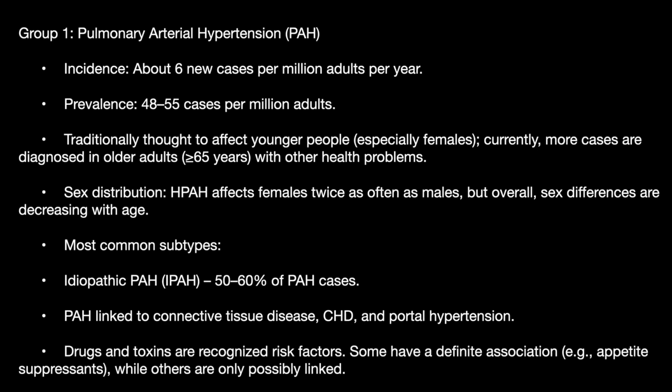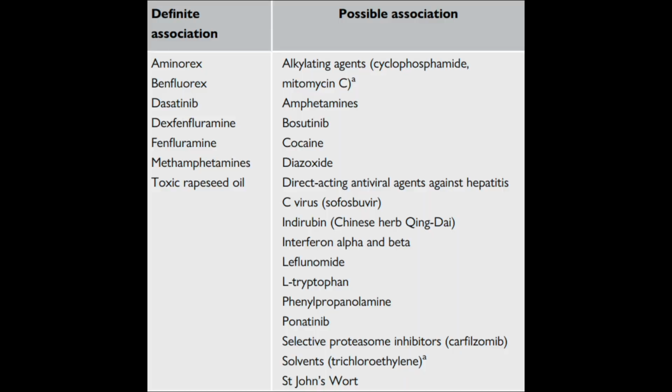Drugs and toxins are increasingly being recognized as risk factors because of drug abuse. Some have a definitive association, like the use of appetite suppressants, while for others there is a possible linkage. So these are the various drugs which have been associated with the development of pulmonary hypertension.